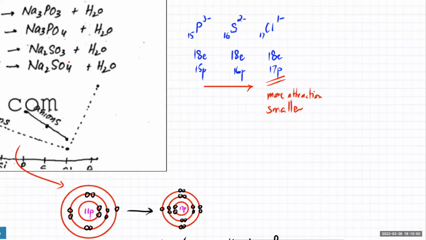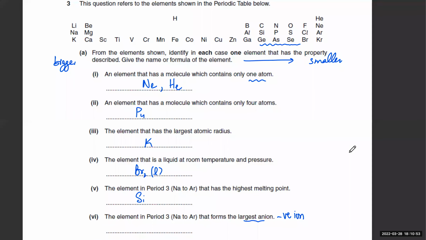So if you come to this question, he's talking about the largest anion. So I'm talking about these ones. This one, Br forms -1, Se forms -2, and As3 would probably form -3. So the biggest one would probably be As3, because to the right the size would decrease.